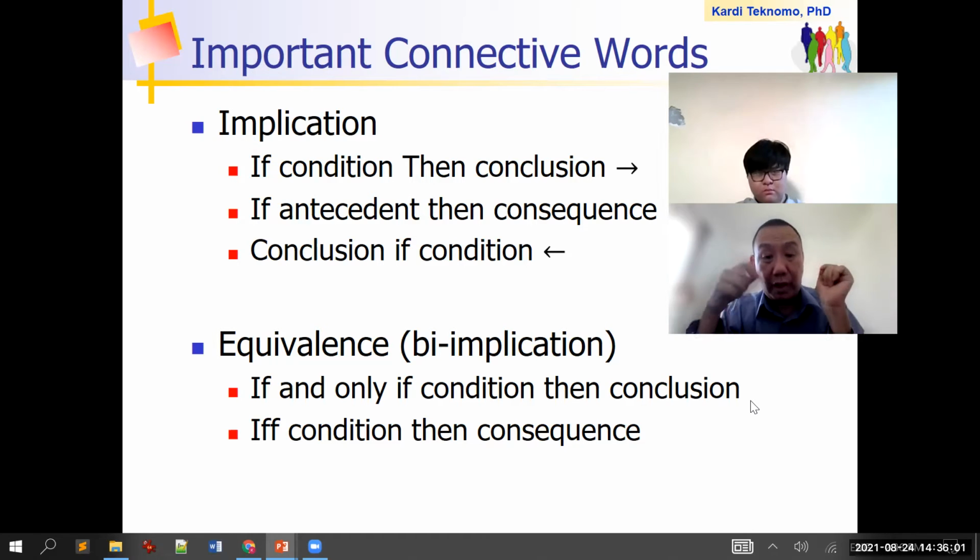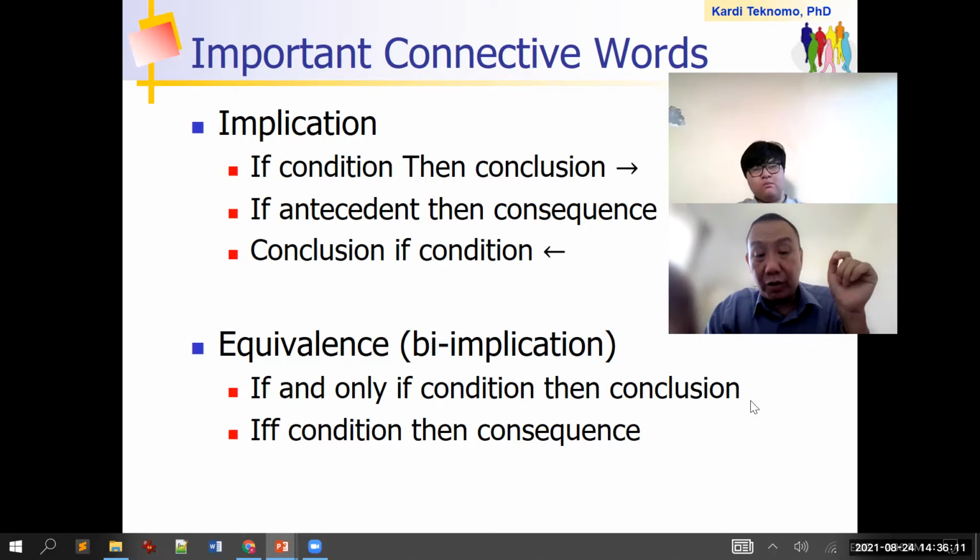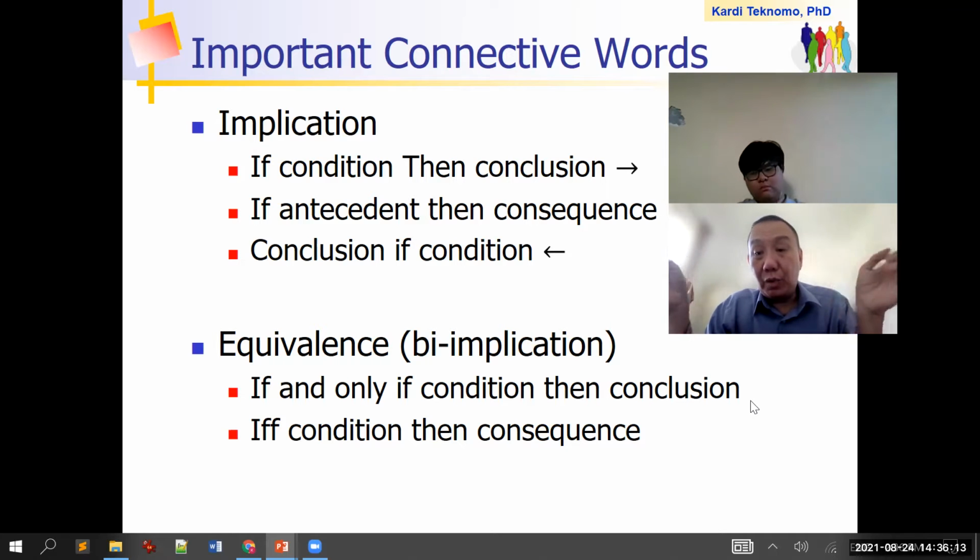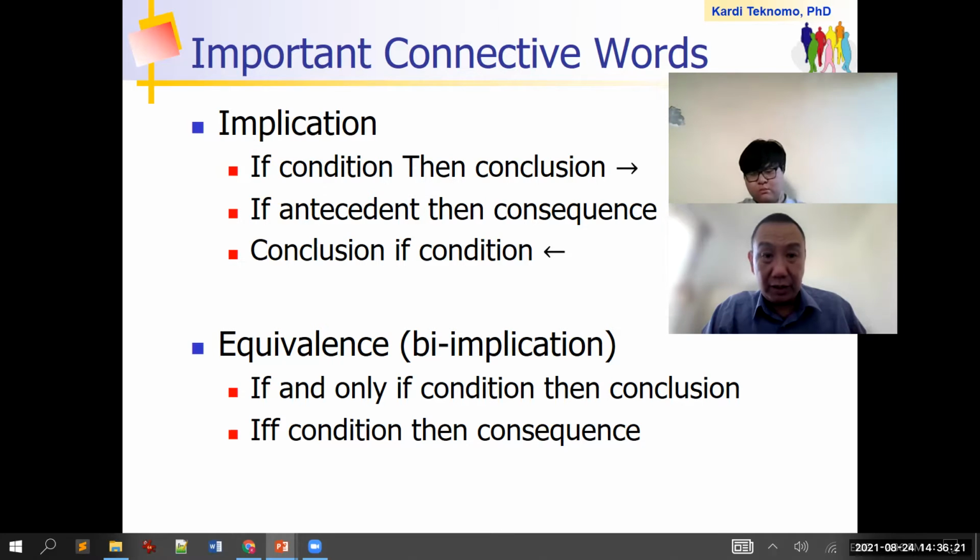Sometimes we will use iff with a double F, condition then consequence, which means a two-way arrow, an equivalence. So that is the introduction to logic, so that at least you know the terms and the symbols here.